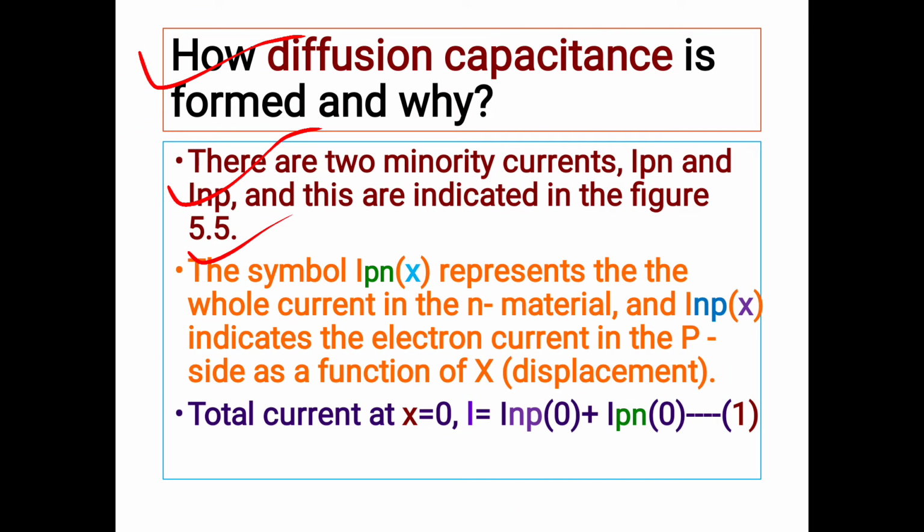The symbol IPN of X represents the hole current in the N material, and INP of X indicates the electron current in the P side, as a function of displacement X. So we can write the total current at displacement X equal to 0 as I equals INP of 0 plus IPN of 0, which is equation number 1. In this case the total current is independent of displacement X.